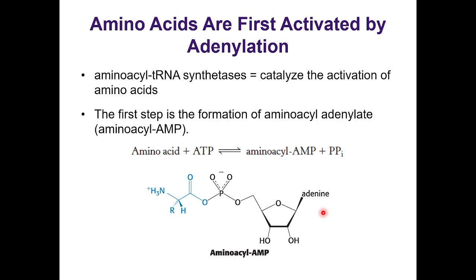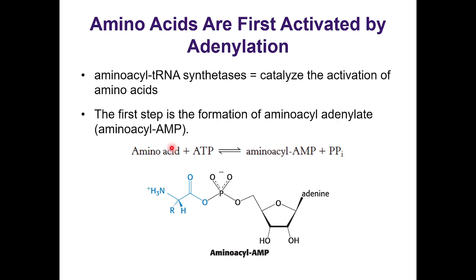Anyways, synthetase, this is going to catalyze the activation of your amino acids. Does the name make sense to everybody? It's the complex you're synthesizing, right? And that's the activated form of the amino acid, or aminoacyl now, because you've bound it to this. The first step is the formation of the aminoacyl adenylate, or aminoacyl AMP.